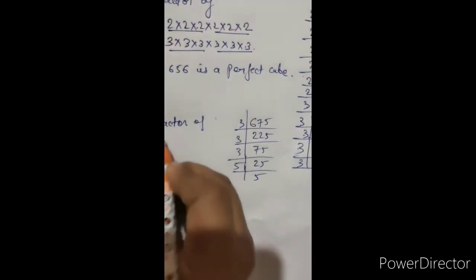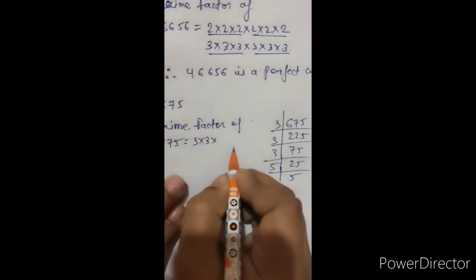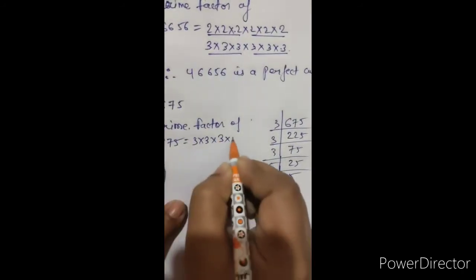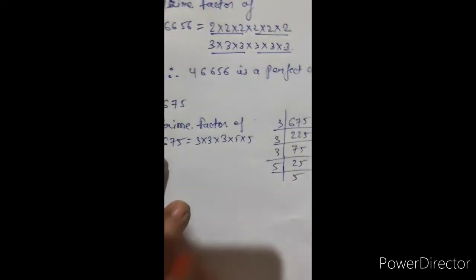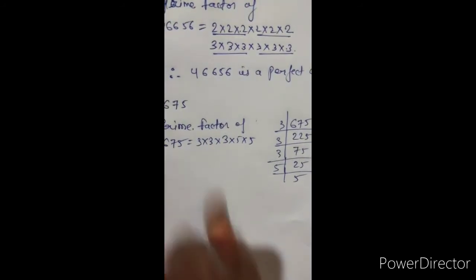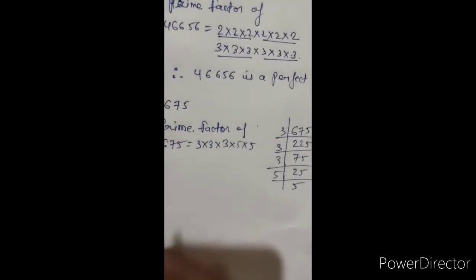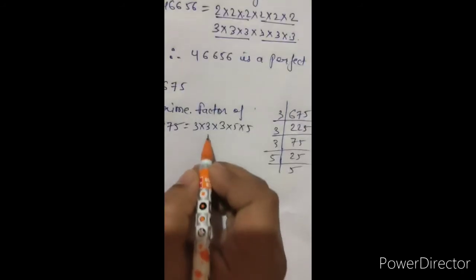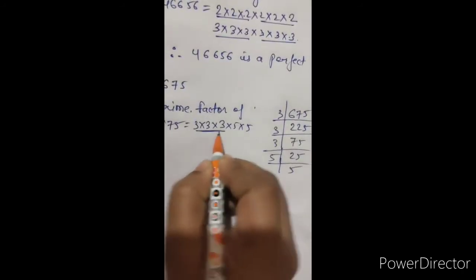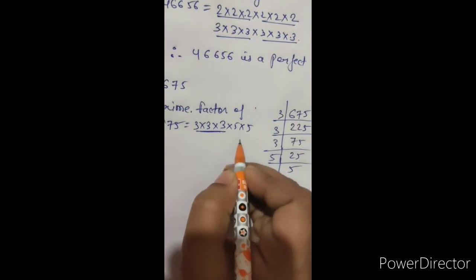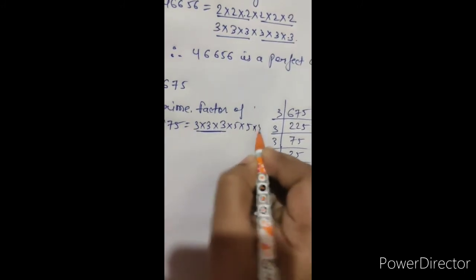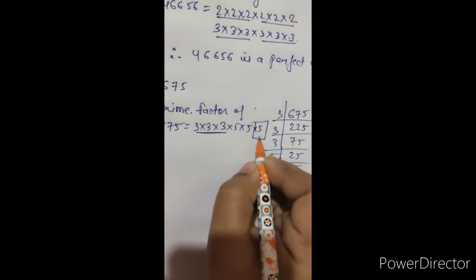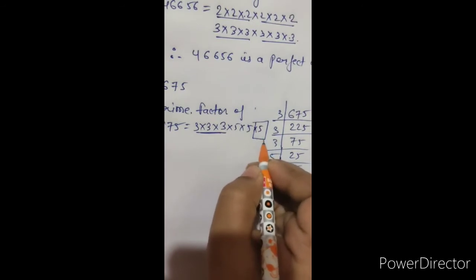So the factors are 3 into 3 into 3 into 5 into 5. Now you have to make groups of 3. The 3's formed a group of 3 but the 5's don't. So if it is multiplied by 5, then it becomes a perfect cube.